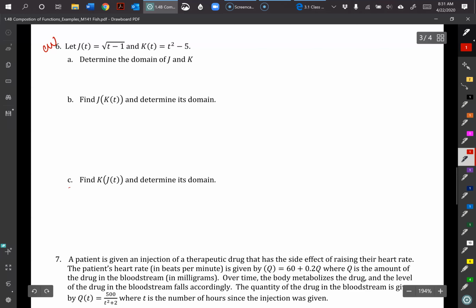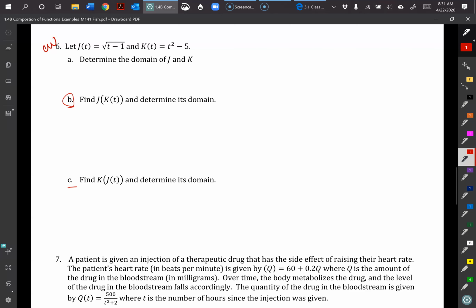I know the domain of the composition will be a little bit tricky, so I'll help you with that. It's more this one, B, that is tricky. So determine the domain of J and K, then see if you can figure out J of K of T just by plugging in.